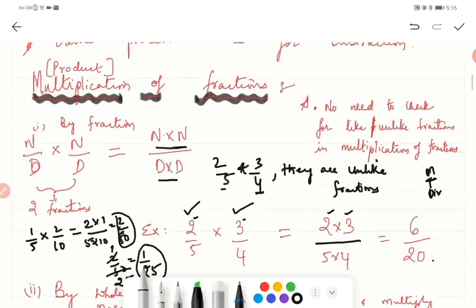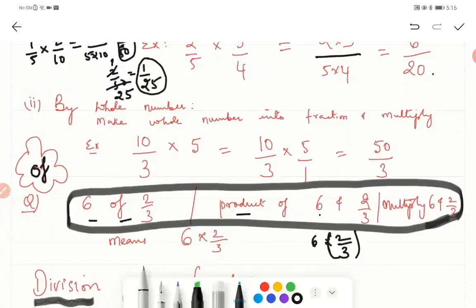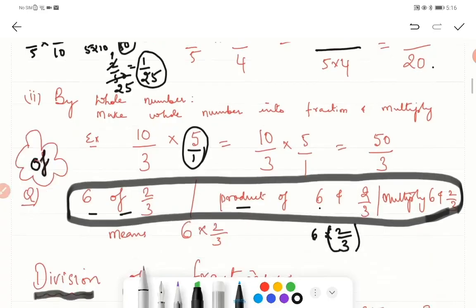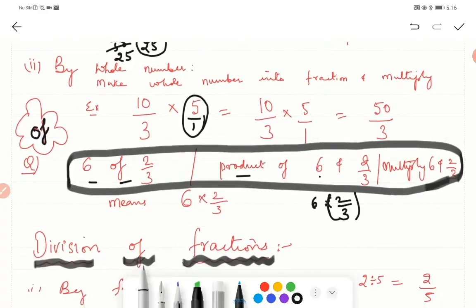So when you multiply two fractions together, numerators you multiply directly. If you have a whole number, you can take this 5 as 5 by 1. This becomes a fraction, isn't it? So it's the same thing, numerator multiplied by numerator divided by denominator multiplication.